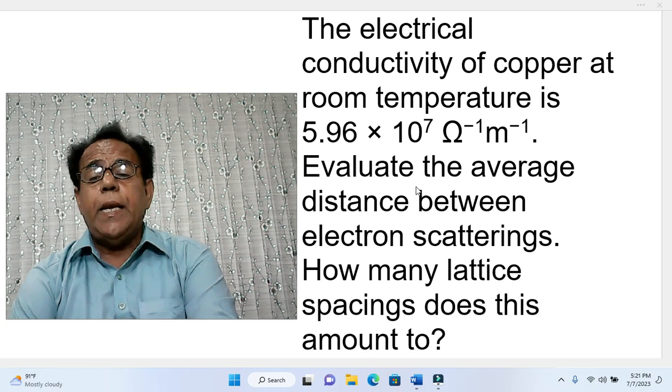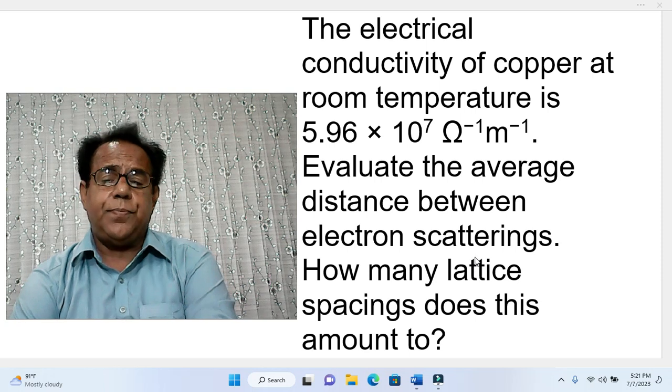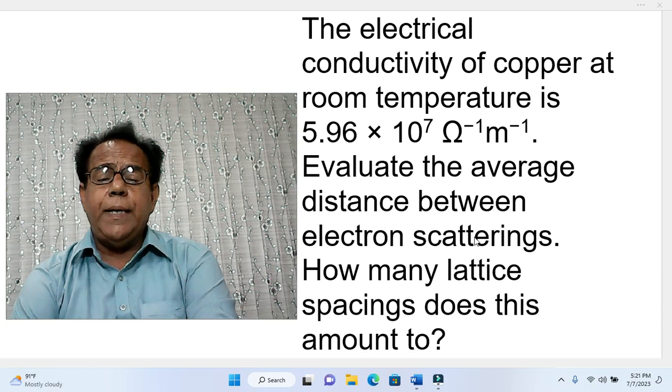Evaluate the average distance between electron scatterings. How many lattice spacings does this amount to?